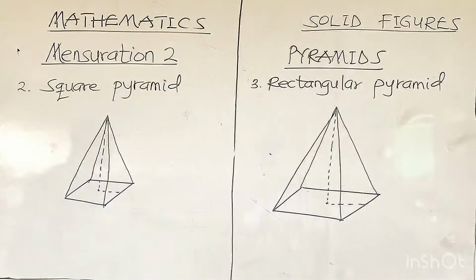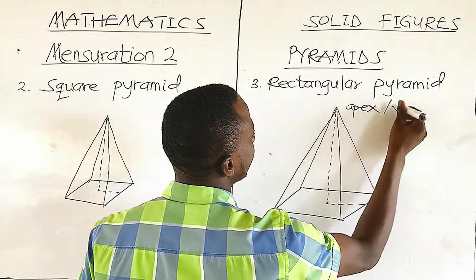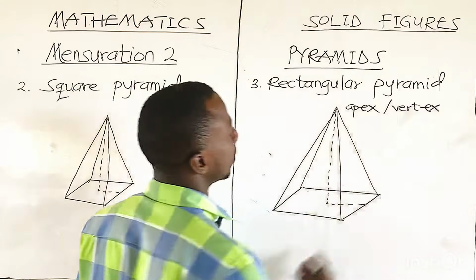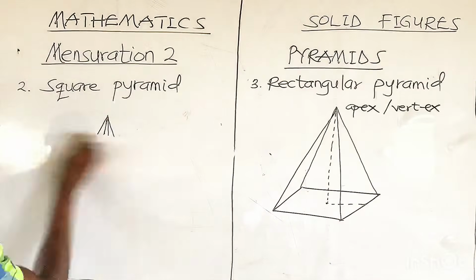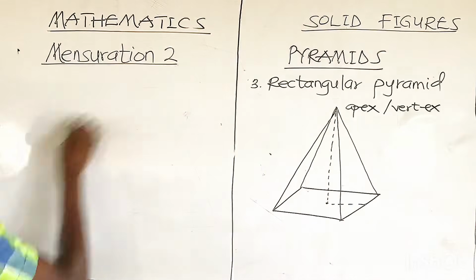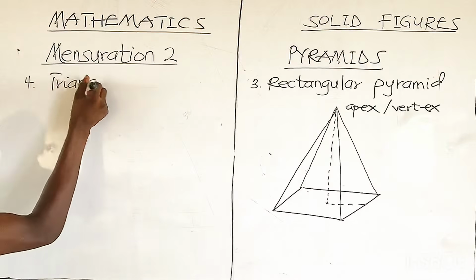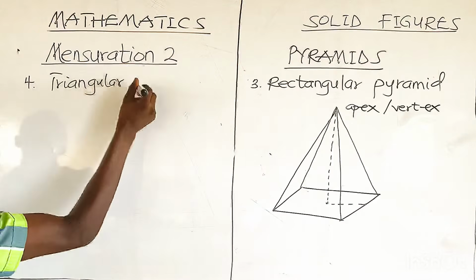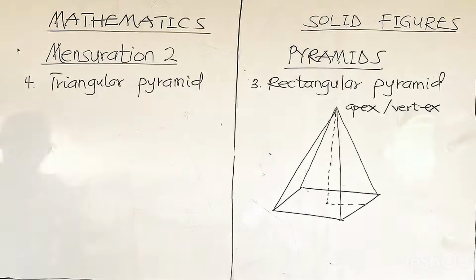The rectangular pyramid also has an apex or the vertex, and the top looks conical. The last one, which is the fourth one, is the triangular pyramid. With the triangular pyramid, it also has a triangular base.